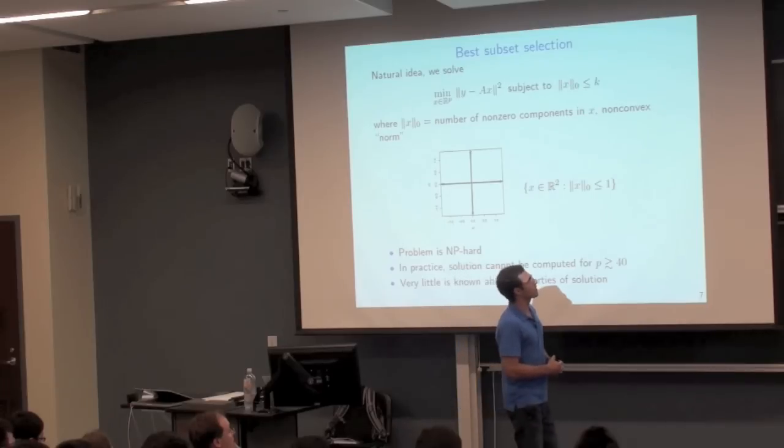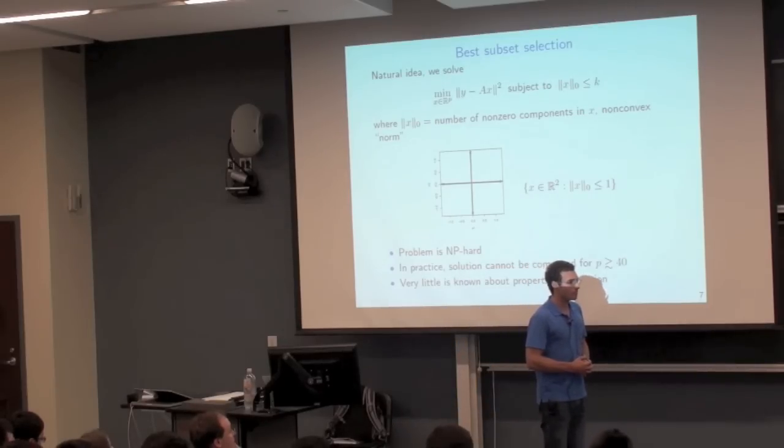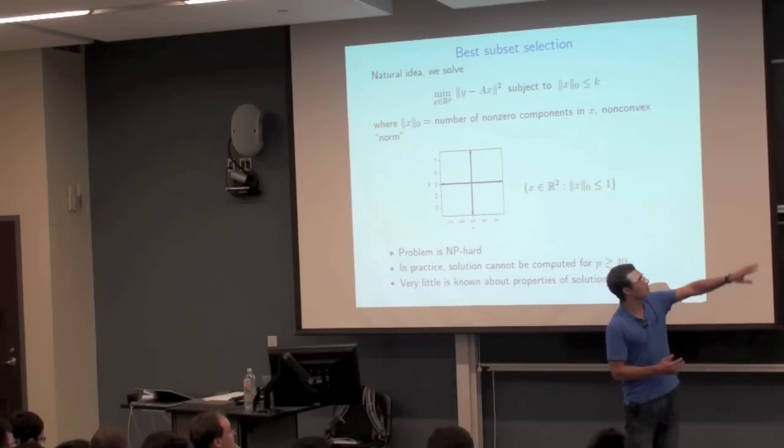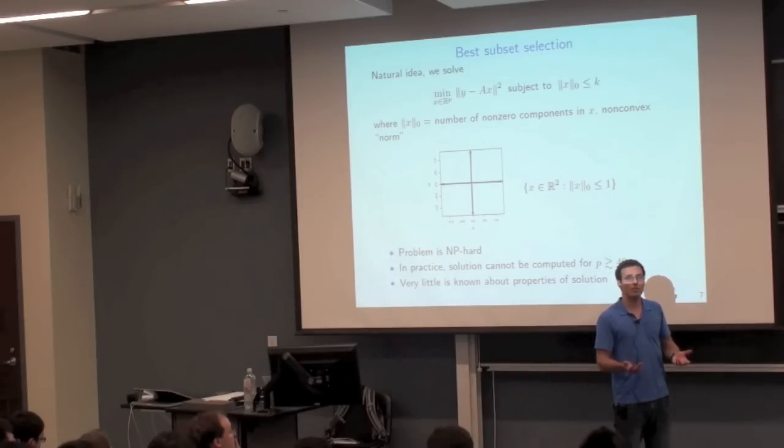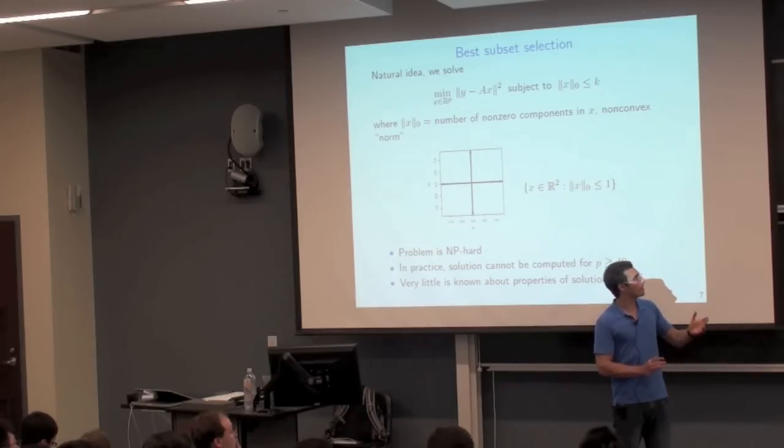So what's best subset selection? It's a very natural idea. We just say that we want to minimize that regression error, or least squares term, subject to, I'm going to say, at most k entries of x being non-zero. So I specify k ahead of time. Let's just suppose from the genetic example, I think k equals 50.